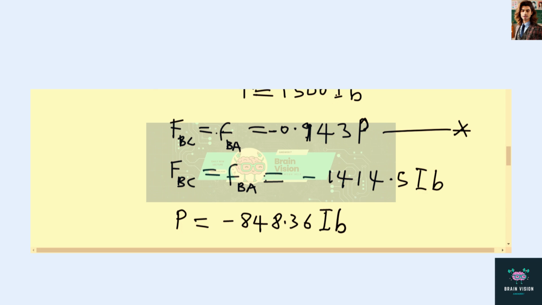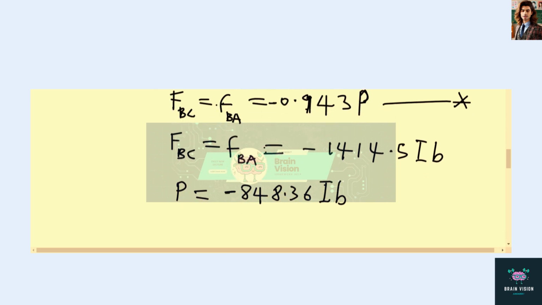So it's negative, just trying to tell us that the force is coming down. So the value there is actually P equal to 848.36 lb. So this is the maximum force that the structure can take.